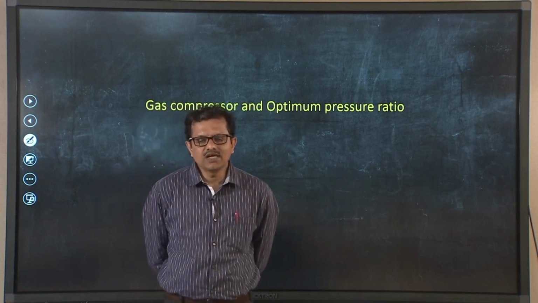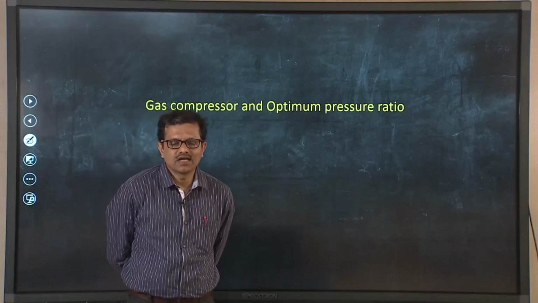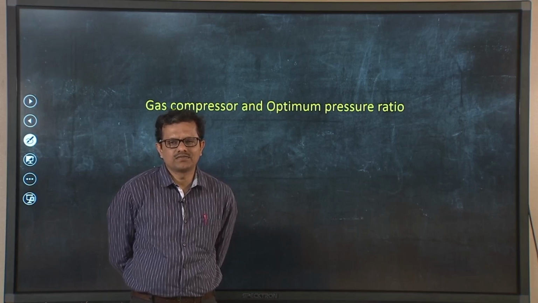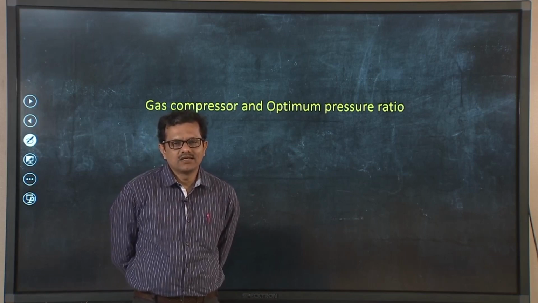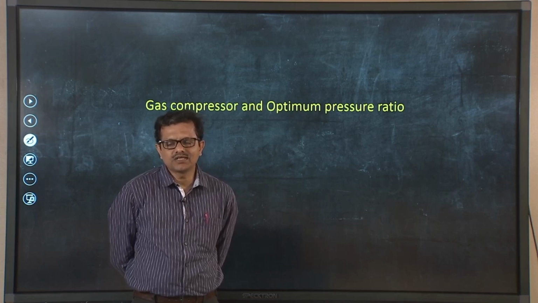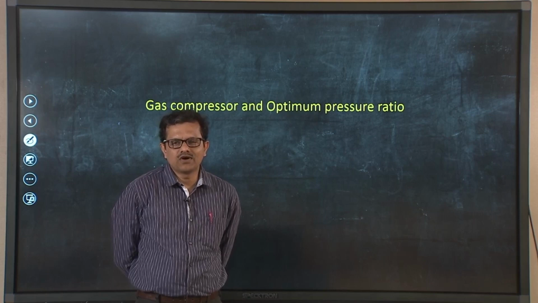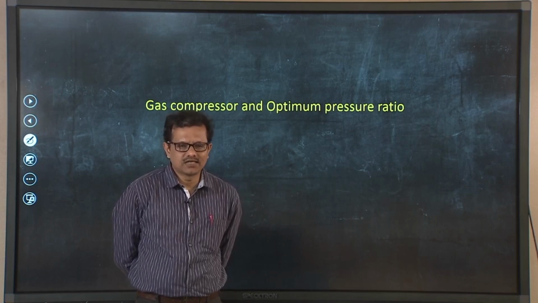In the last class we have discussed gas turbine units, and to analyze the performance of gas turbine units we represented the processes that together form a cycle using an air standard cycle, that is the Brayton cycle.